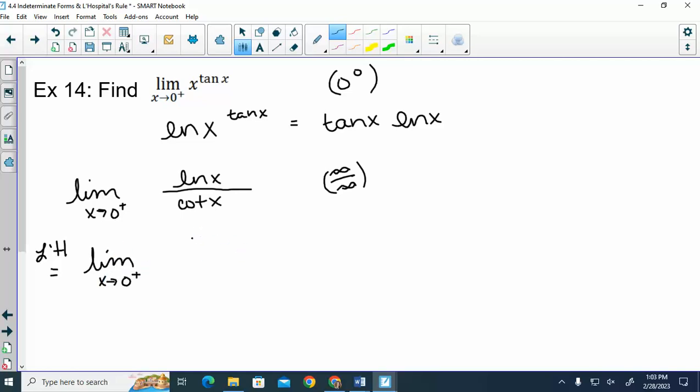So derivative of a natural log is 1 over the argument. What's the derivative of cotangent? Let's try to rewrite this so we can see if we can. Cosecant is the reciprocal of sine, right?